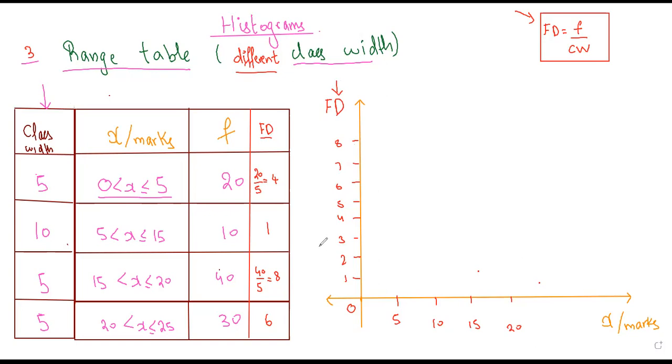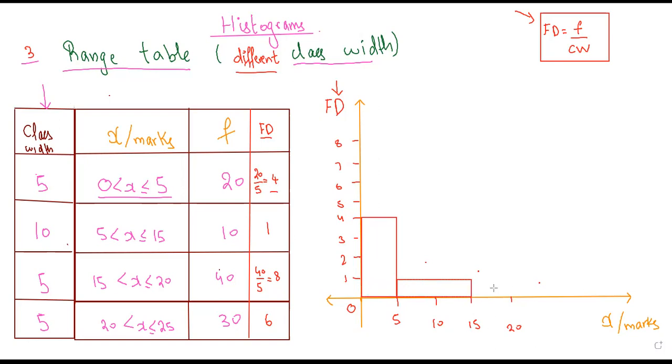So from 0 to 5, the frequency density is 4. So it is going to be a bar of this type. From 5 to 15, the frequency density is 1.